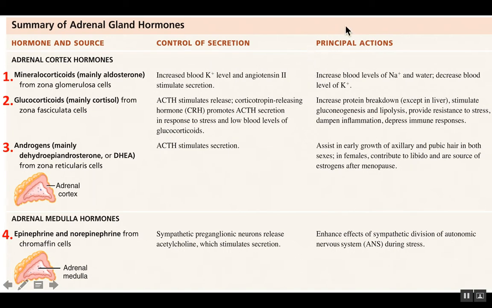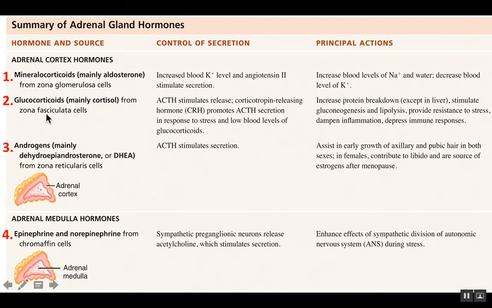Because if you look at the principal action of aldosterone, it increases blood levels of sodium and therefore water, and decreases blood levels of potassium. It does this by acting at the kidneys. So aldosterone is produced by the adrenal cortex, targets the kidneys in order to retain sodium and water or eliminate excess amounts of potassium.